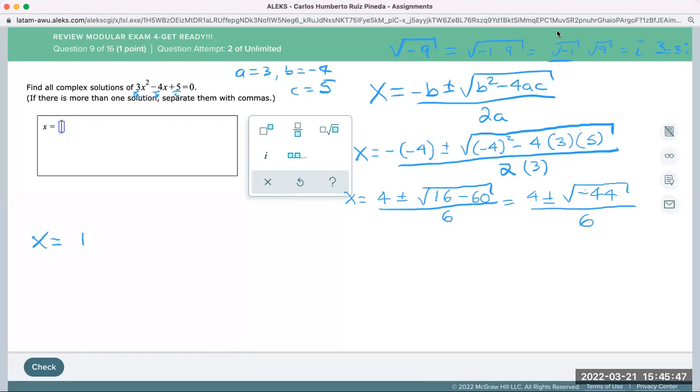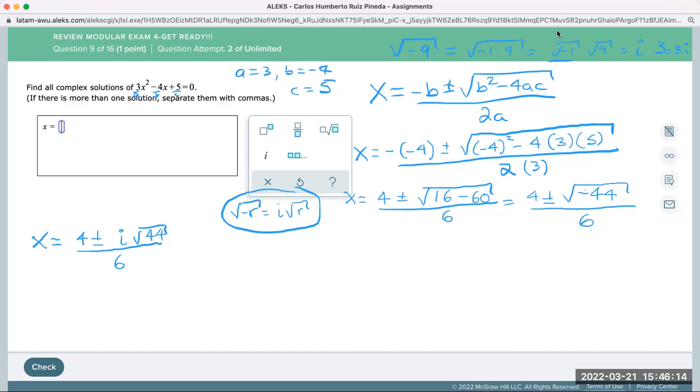So it's 4 plus or minus the square root of -44, which can be written as, first, let's take out the negative, how? With an imaginary number: i square root of 44, correct? Because I have used the property that the square root of -r is actually i square root of r. All of this divided by 6.